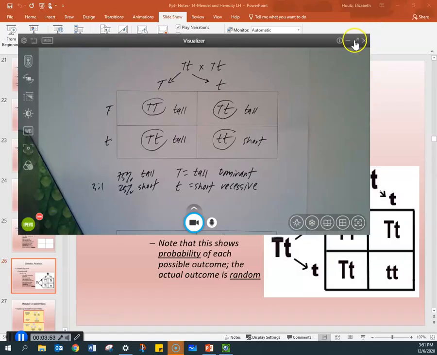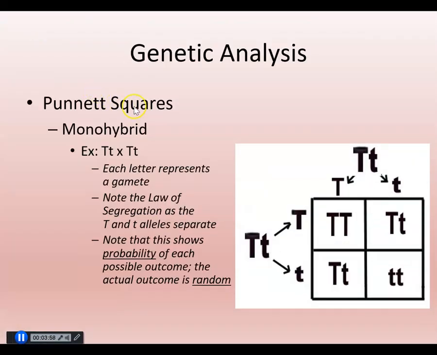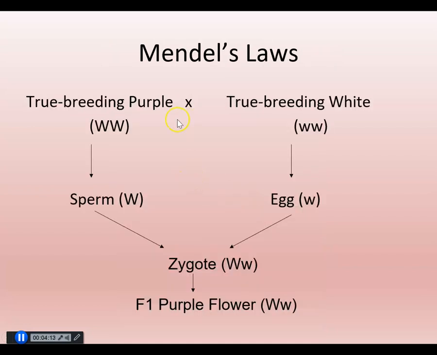All right, so let's go back to here. Okay, so that's that. And Mendel did this to figure out what was going on with his experiments. So when he crossed this parental generation of purple and white, and he got this F1 generation, he could lay it out like this.